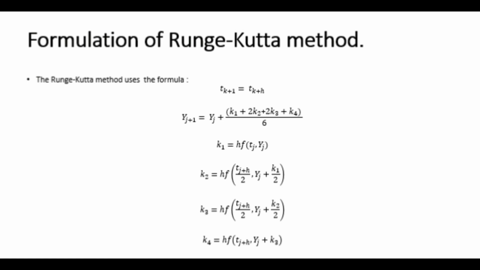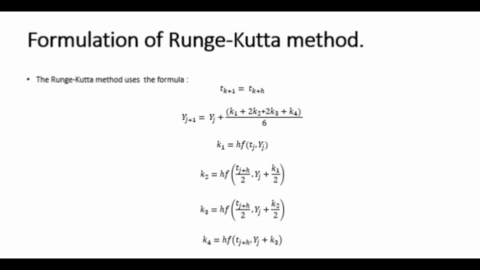The Runge-Kutta method uses the formula t_{k+1} equal to t_k plus h. Next, y_{i+1} is equal to y_i plus in bracket k1 plus 2 k2 plus 2 k3 plus k4 close bracket over 6. The k1 is equal to h times the function of t_i and y_i.